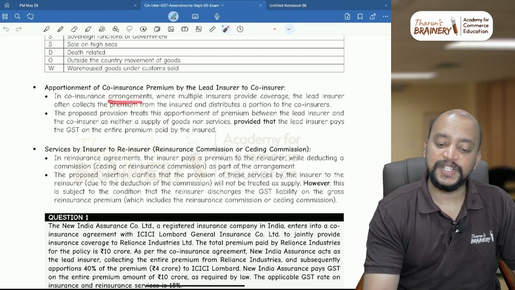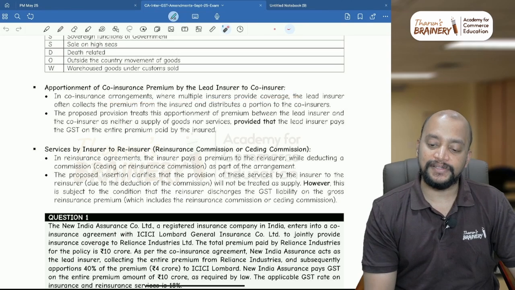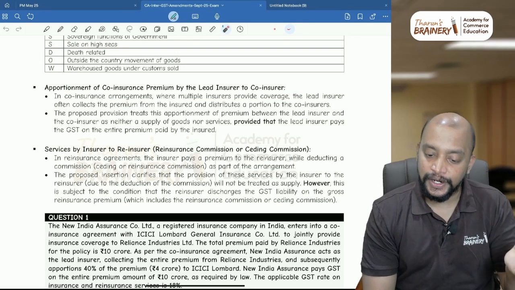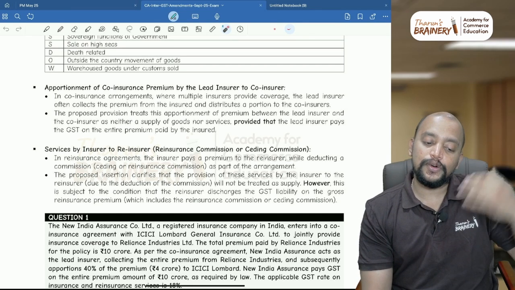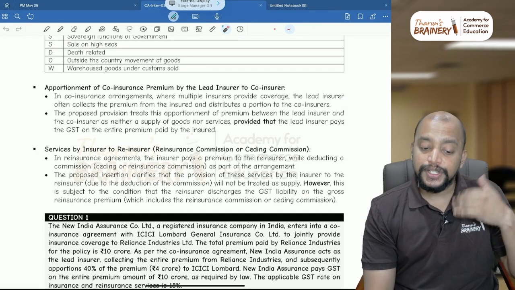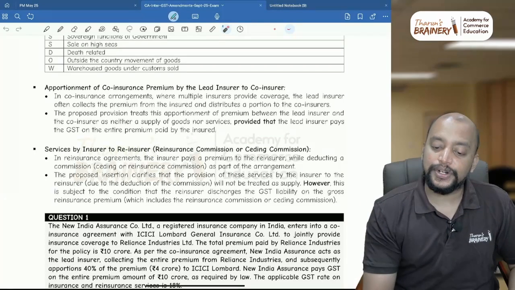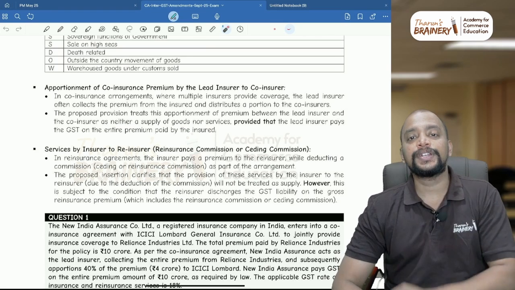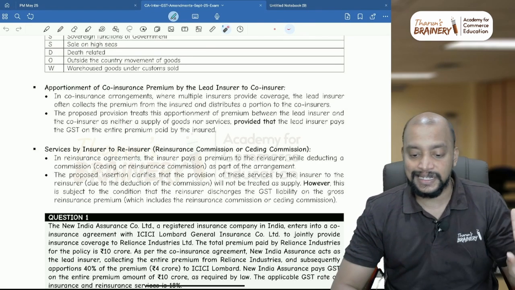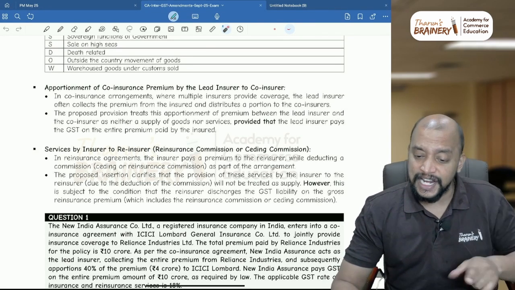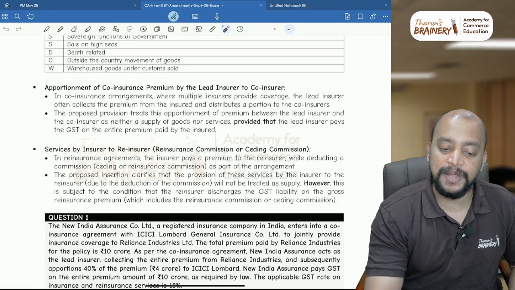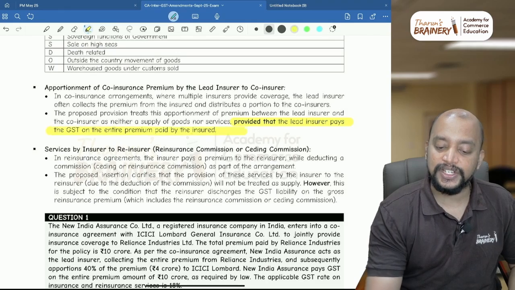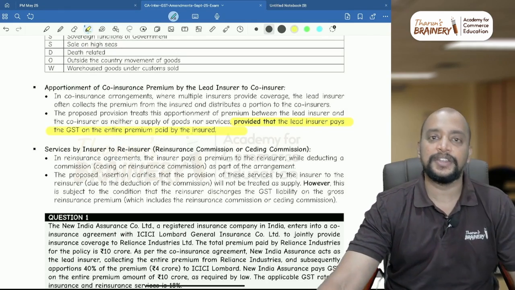In co-insurance arrangements where multiple insurers provide coverage, the lead insurer often collects a premium from the insured and distributes a portion to the co-insurers. The proposed provision treats this apportionment of premium between the lead insurer and co-insurer as neither supply of goods nor supply of services, provided that the lead insurer paid GST on the entire premium paid by the insured.